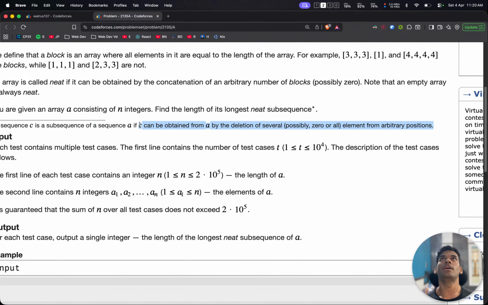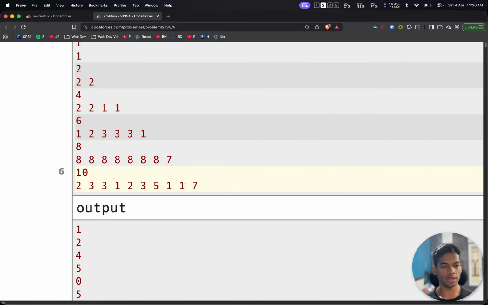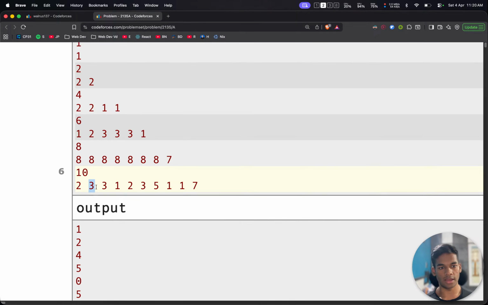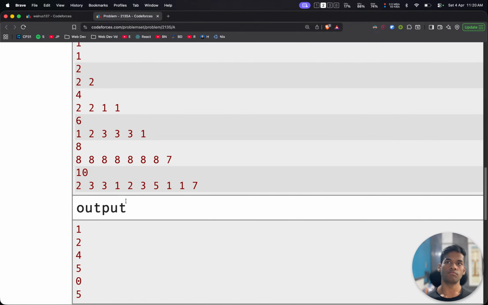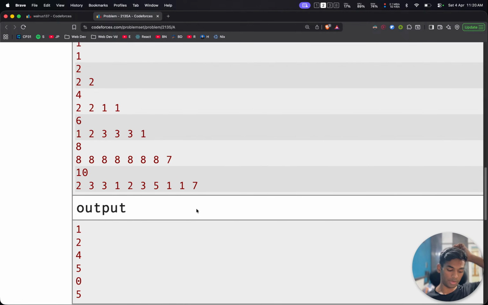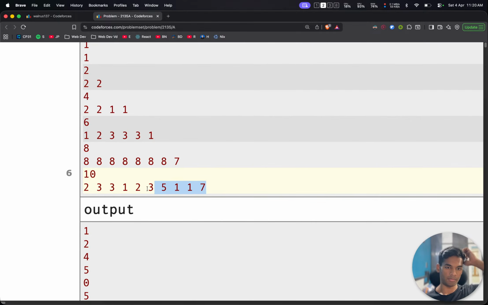Okay, that is crazy. So this means we have been given an array and we can remove some random elements from wherever we want throughout the array, and the final thing that we get should be a neat array, and we have to find the longest neat array.